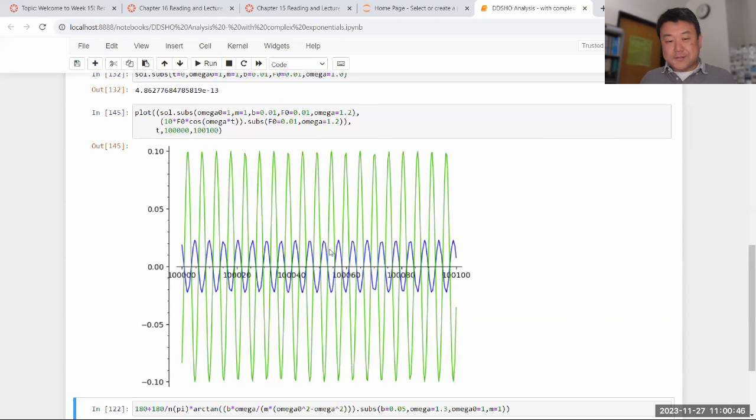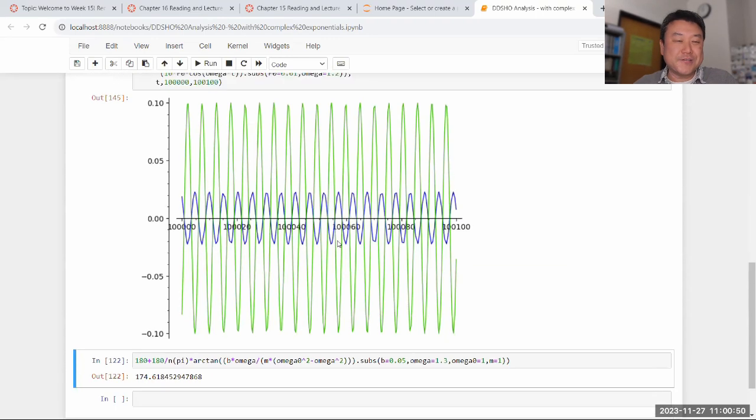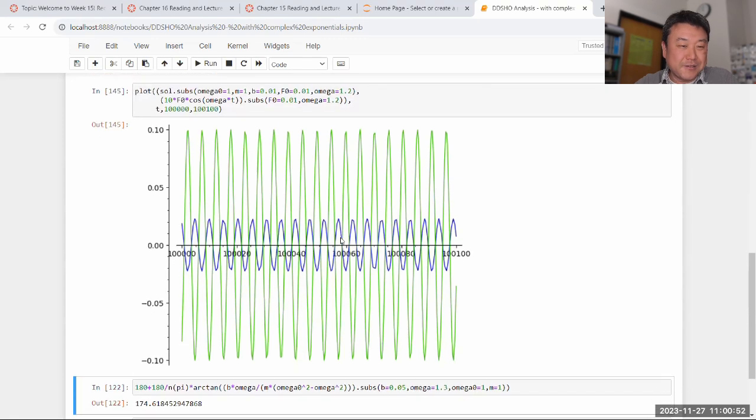Yeah, that result still holds whether you solve it with the real functions or complex functions. So at least that result we can still rely on, which you would have guessed. That's what we had with the analytical expression that we derived using complex exponentials.